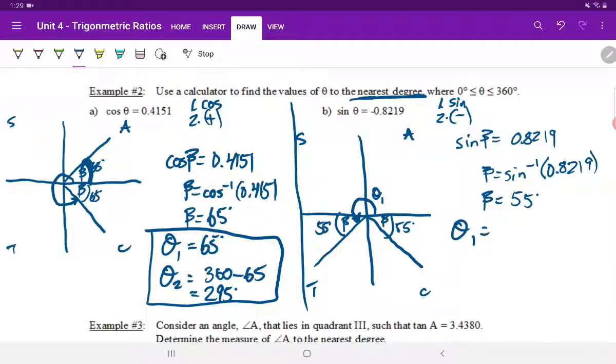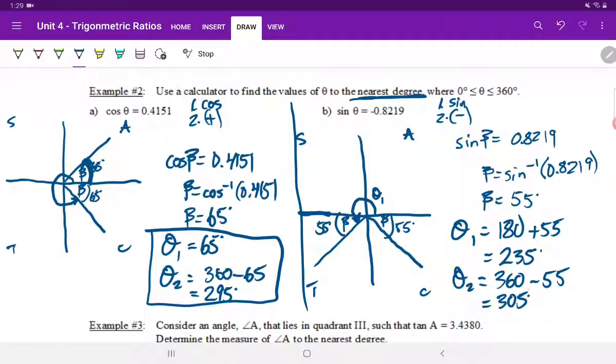Well, what if we go to 180, because we know that it's 180 up until the negative x-axis there, and then add another 55, and that takes us to theta 1, which is 235 degrees. Theta 2 is, again, going to be 360, just like the previous question, minus 55, which is 305 degrees.